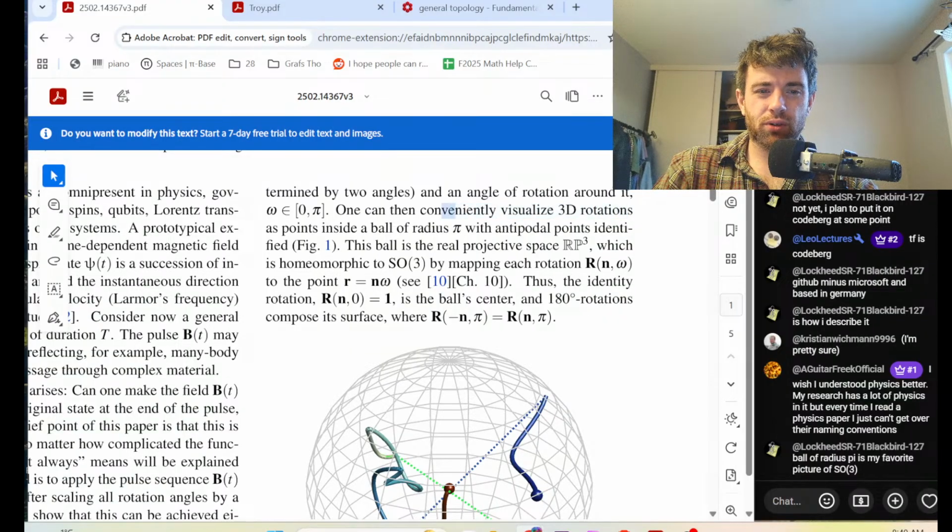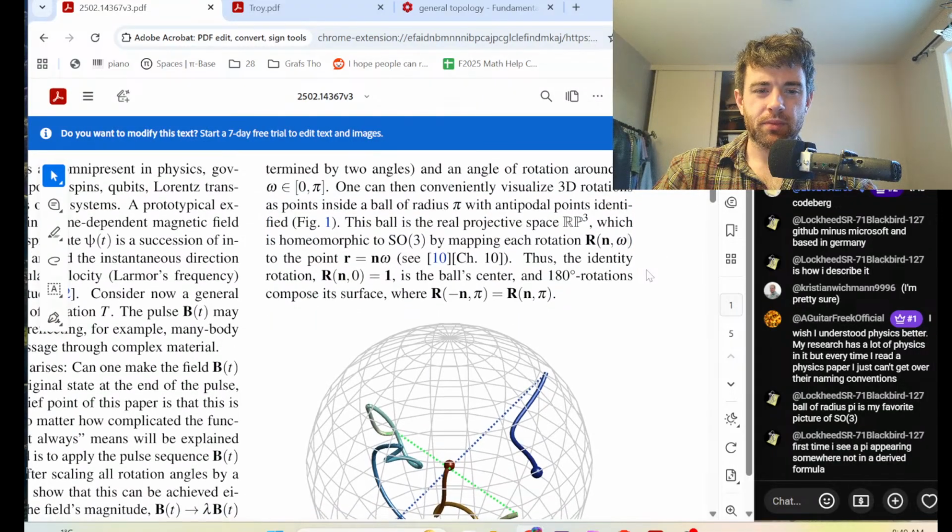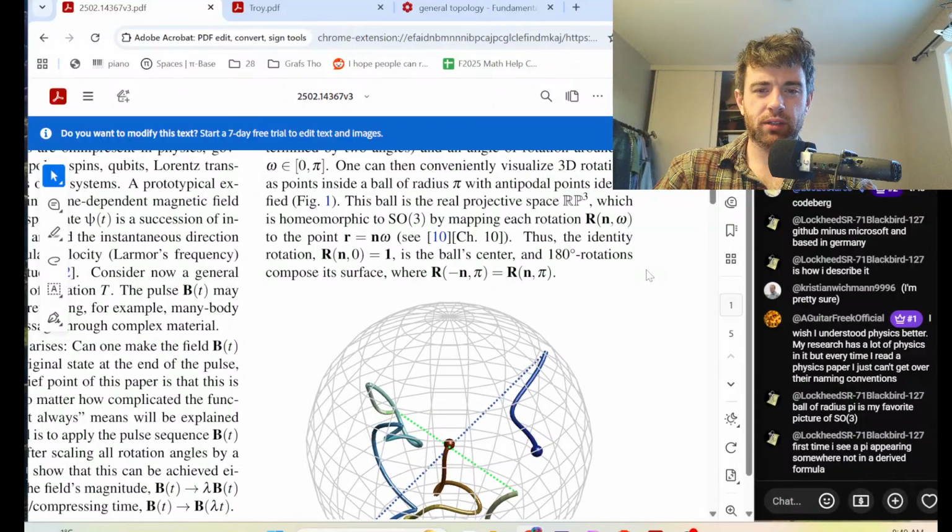Visualize 3D rotations as points inside a ball of radius pi with antipodal points identified. Right. So RP3, by mapping each rotation to the point, I see. We're mapping the rotation R_n.